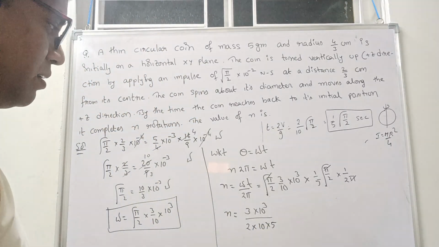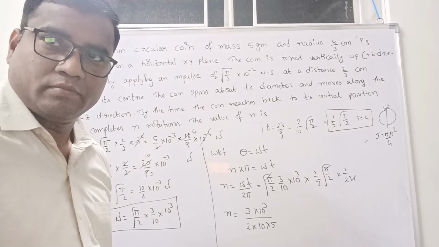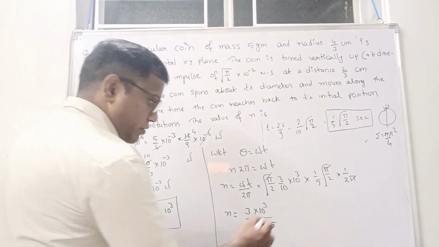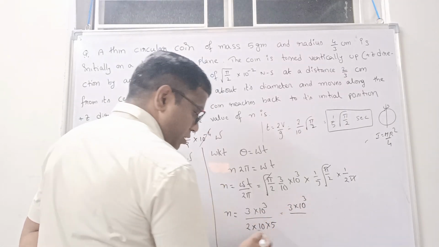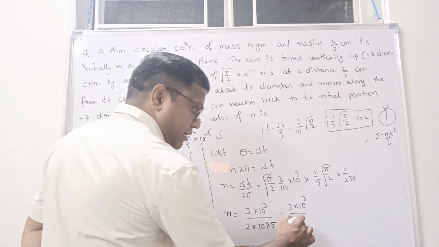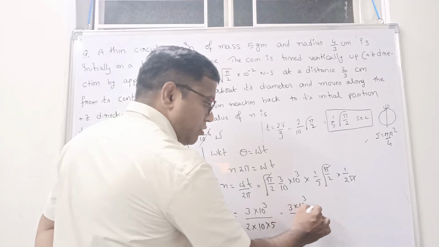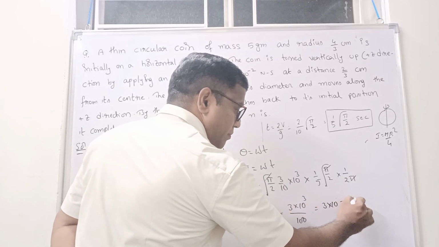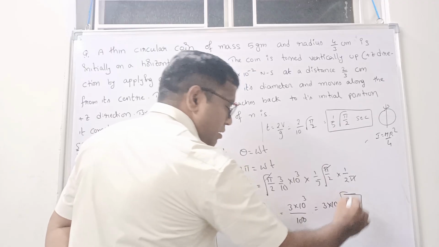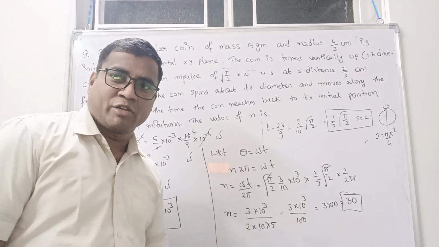Am I clear? So here we will do 3 into 10 power 3 upon 2 5s are 10, 10 10s are 100. So 100 is nothing but 10 power 2. This 10 power 2 and this one will go. So the remaining is 3 into 10, which is nothing but 30. So it will make 30 rotations, right? I hope you understood. Thank you.